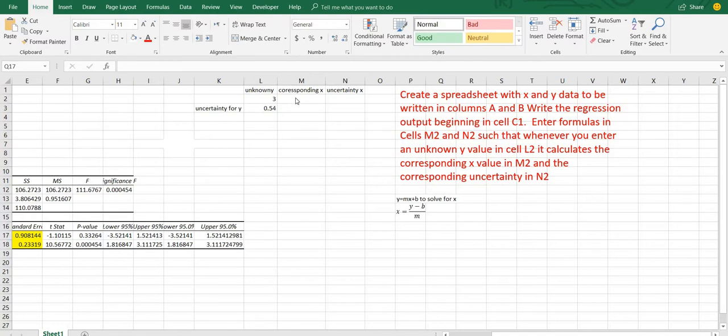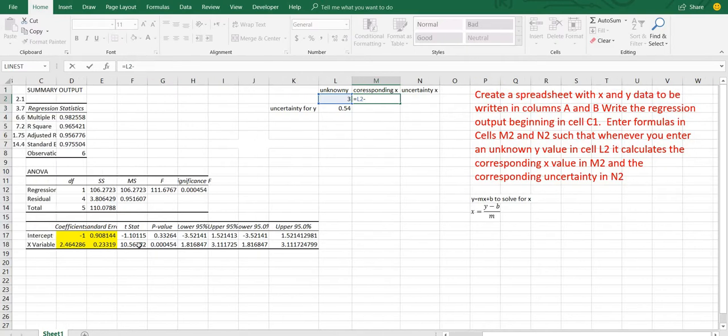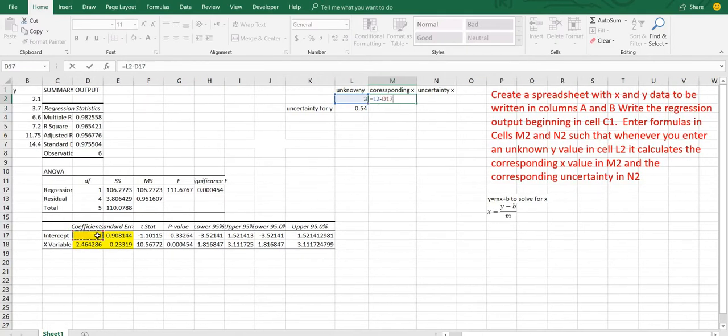Now we put this value over here. So our y is 3 for this moment, and then minus b, which is -1, and divided by our slope.